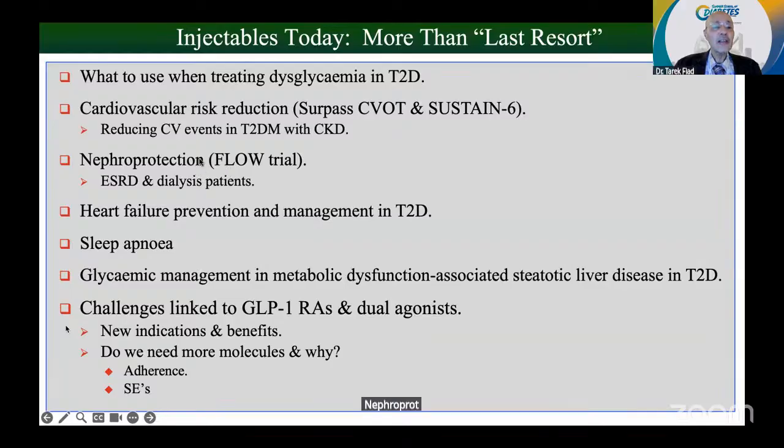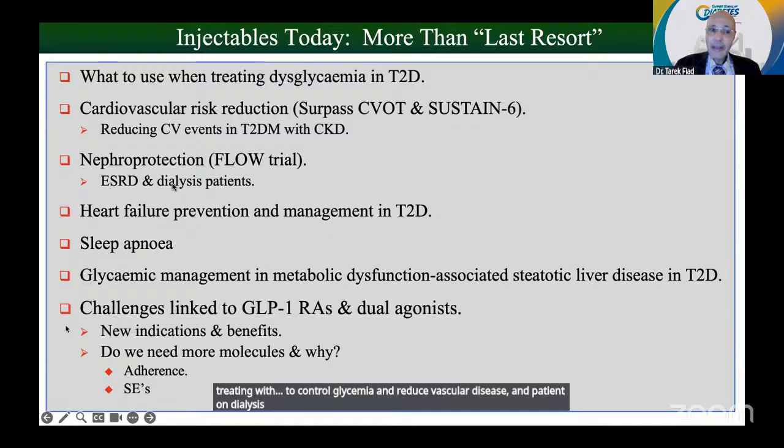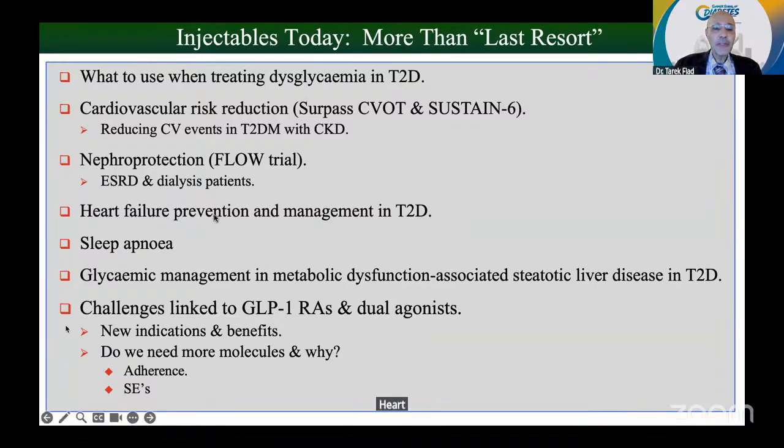Nephroprotection in CKD, yes. Treating to control glycemia and reduce vascular disease in patients on dialysis. Now, this is something interesting. The answer is yes. Heart failure with preserved ejection fraction, yes. Sleep apnea, yes. Glycemic management in MASH, yes.